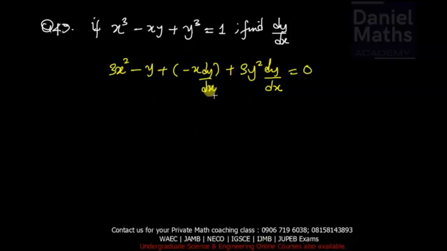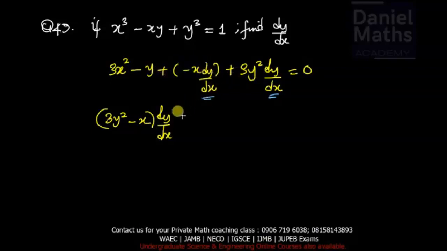Now I'm going to take like terms, because here I have dy/dx and here I have dy/dx. I'm going to take all the dy/dx terms to the left-hand side of the equation. That will give me 3y squared minus x, into dy/dx.